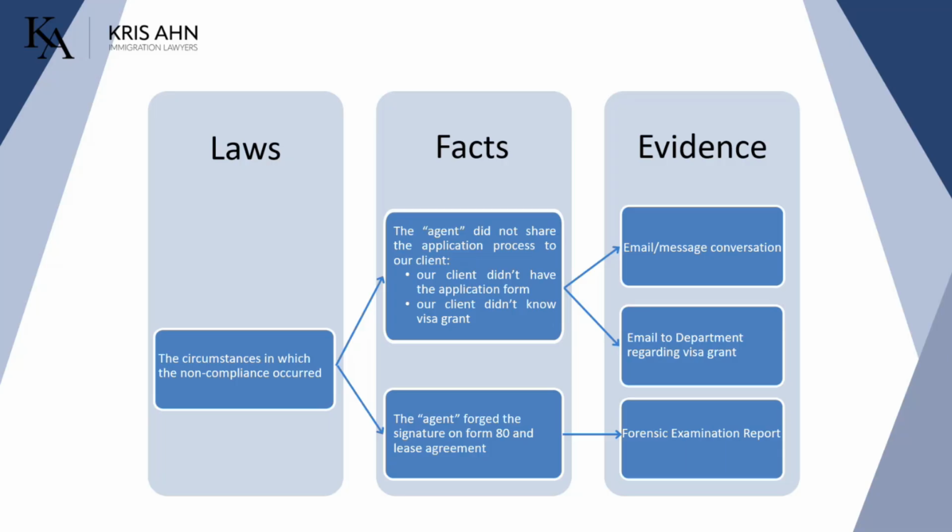So here, we found out that the client said the agent didn't share the application process with our client. So she didn't know there was an application form, and she didn't know when the visa was lodged or when the visa was granted. In order to support this claim, the client provided some evidence, for example, the emails and messenger communications with the agent, and an email to the department asking whether her visa had been granted, because the agent didn't tell her.